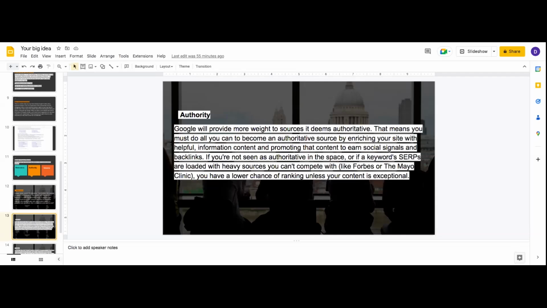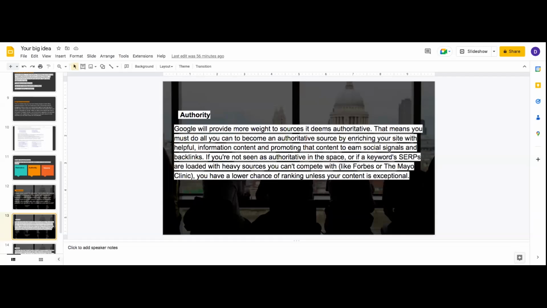Now, if you're not seen as authoritative in this space, or if a keyword SERP, search engine results pages, are loaded with heavy sources you can't compete with, like Forbes or Mayo Clinic, you have a low chance of ranking unless your content is exceptional.